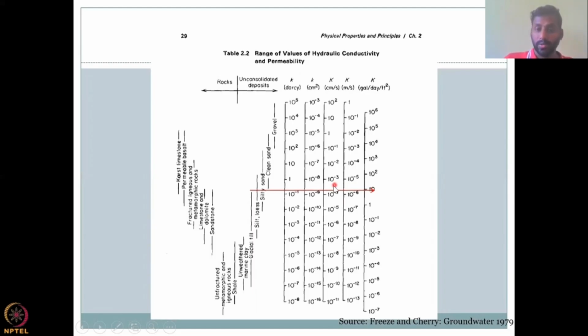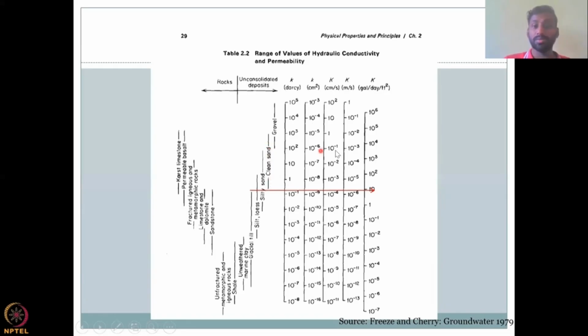It's very slow, whereas in your alluvial aquifers, which are around 30% in the country, the Ganges, Indus, Brahmaputra, the Kaveri Delta, those regions will have a higher hydraulic conductivity. So those would be more on your permeable basalt or your clean sand, the alluvial sand.